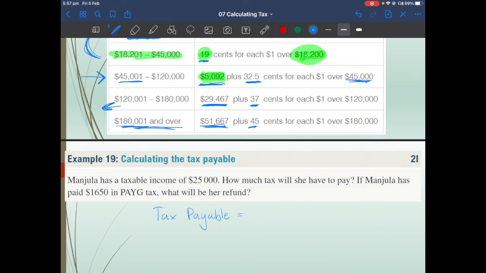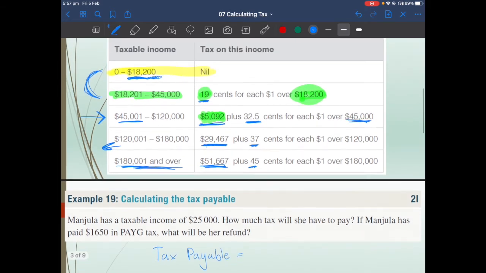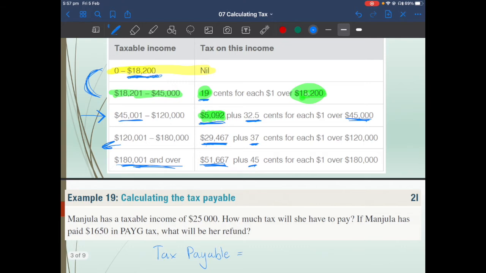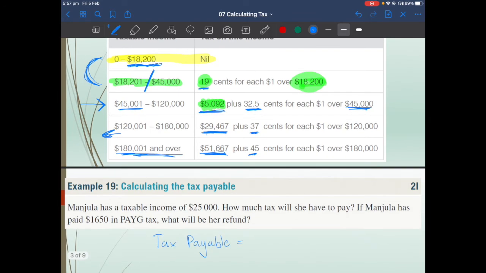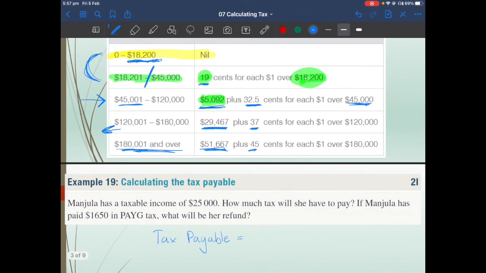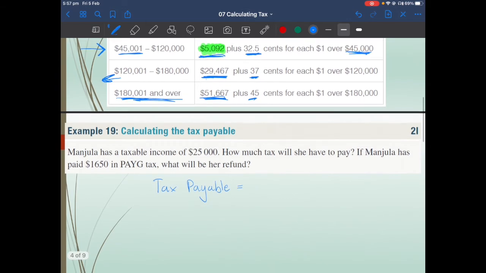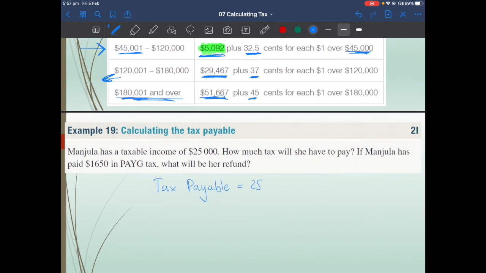Well, let's go to the table. Her income of $25,000 falls in this bracket. So we need to work out how much of her income is over 18,200.